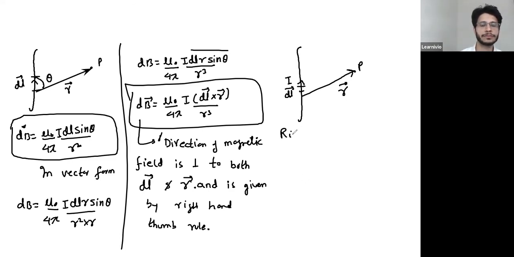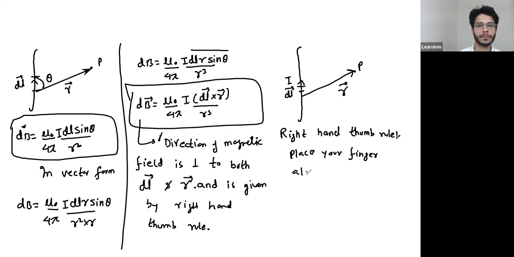The right hand thumb rule says: place your fingers along the direction of current and curl them towards the point.